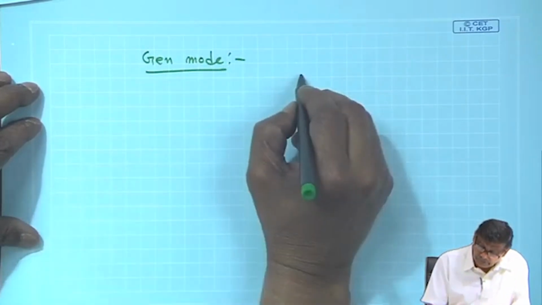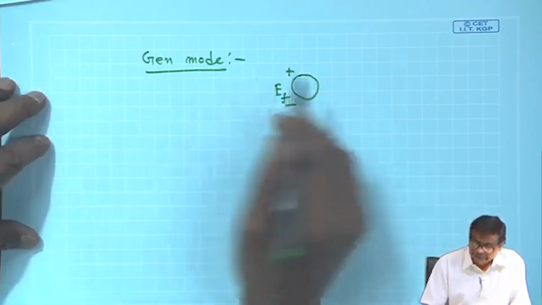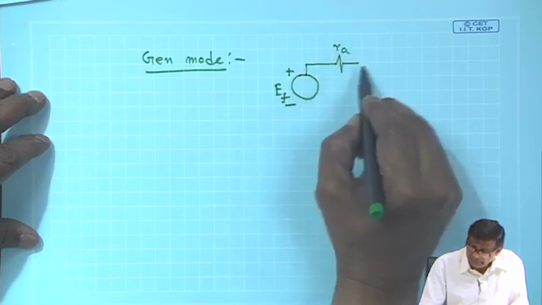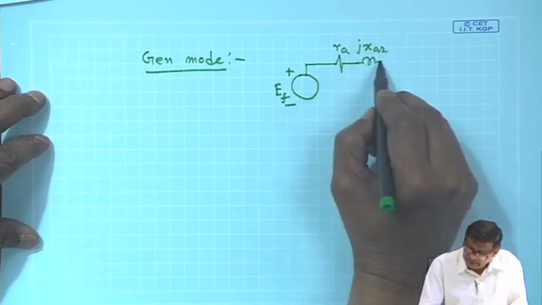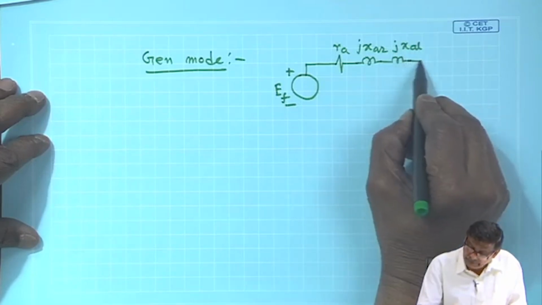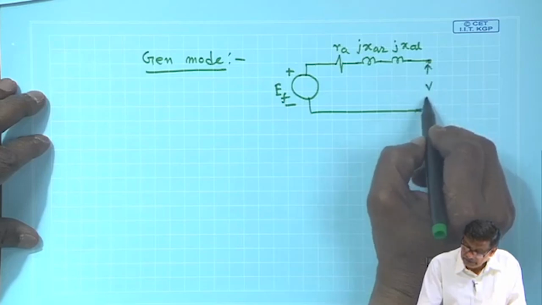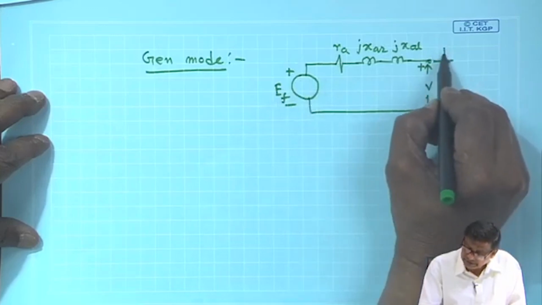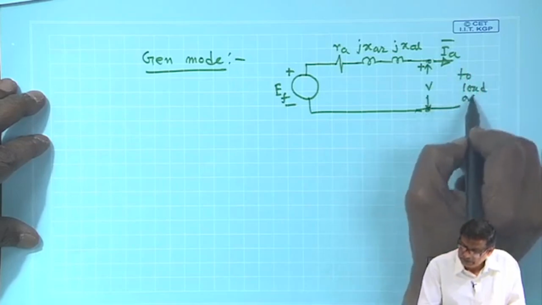The equivalent circuit is like this: this is EF, the no load voltage, and here is RA, here is J XAR, and here is J XL, and here is your terminal V, and it is operating as a generator, meaning delivering current to the load or to the bus.